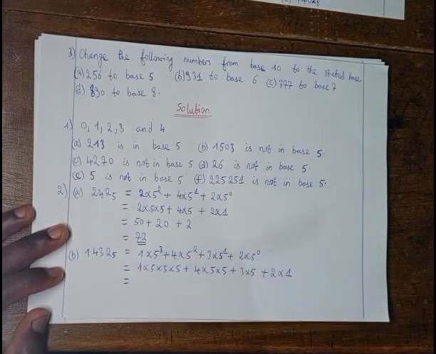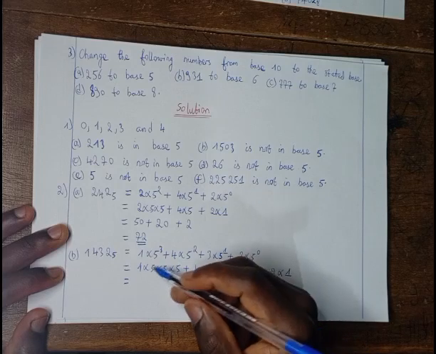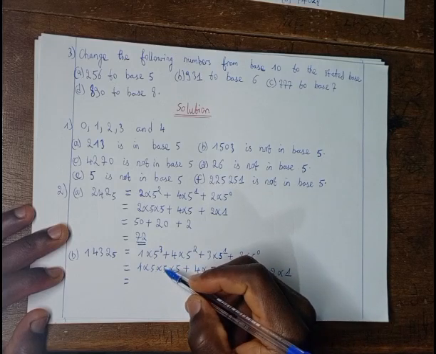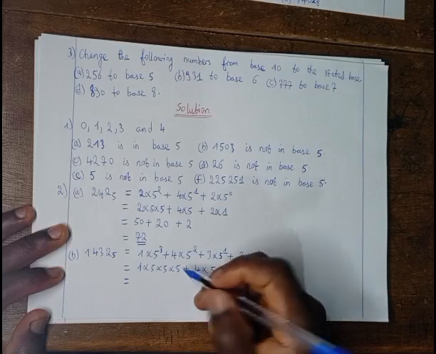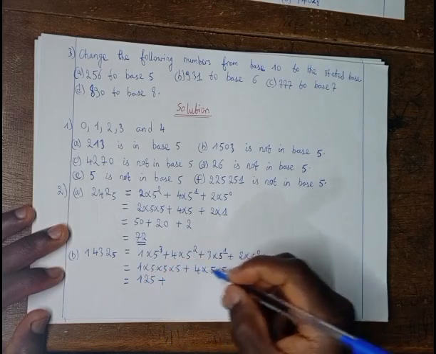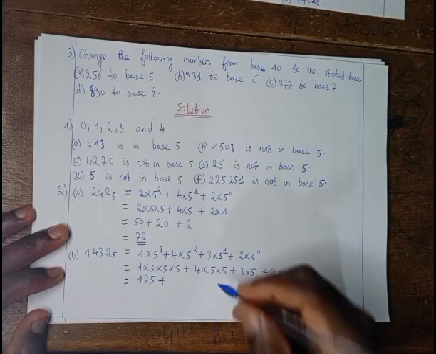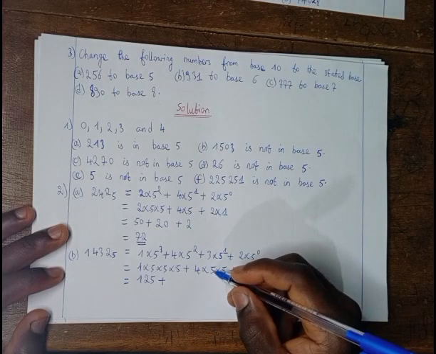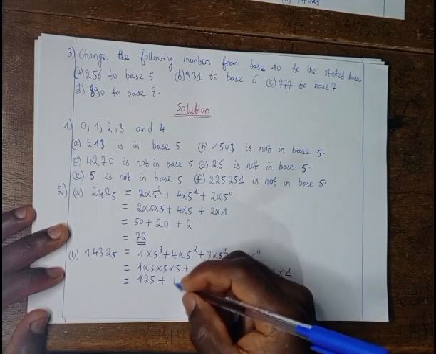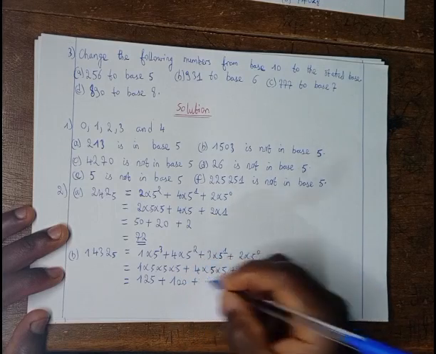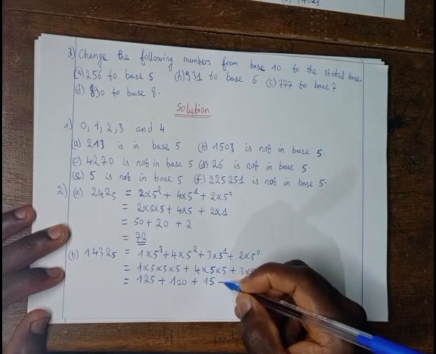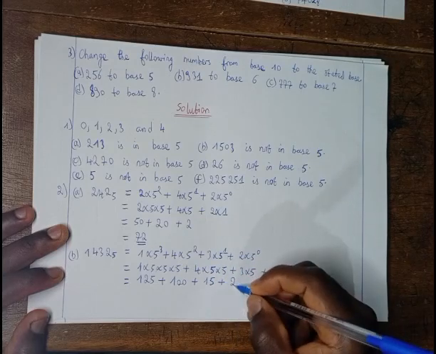This will simply be equal to 5 times 5 is 25, and 25 times 5 gives us 125, plus 4 times 25 gives us 100, plus 3 times 5 gives us 15, plus 2 times 1 gives us 2.